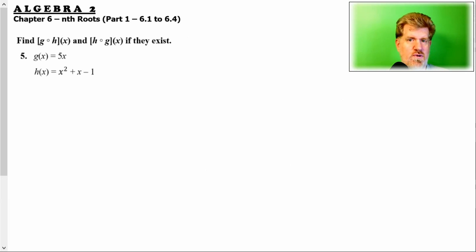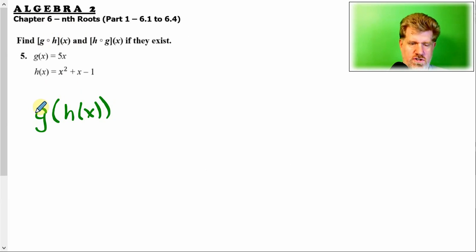Now, how do I put functions into themselves? So I'm going to find g of h, which means I'm going to take h and put h into the function of g. Remember, g is 5 times something.